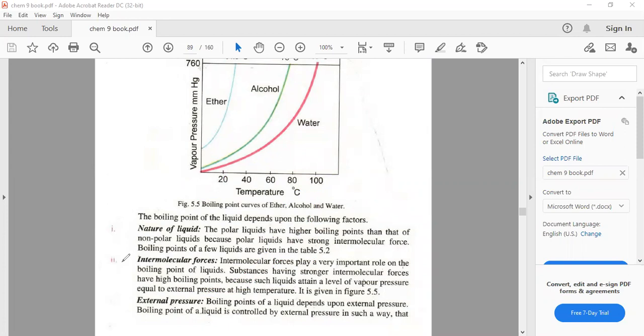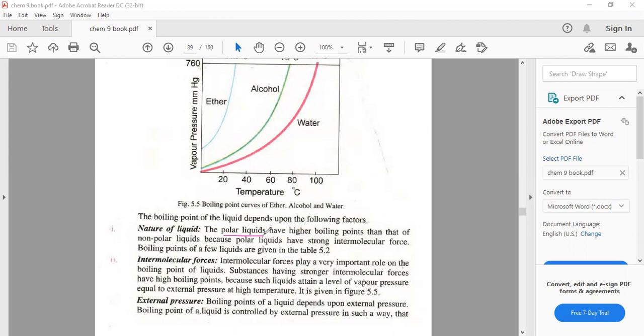In the same way, vapor pressure is affected by polar and non-polar nature. Polar liquids have a high boiling point because polar liquids vaporize only at high temperature, and the vapor pressure of these liquids becomes equal to atmospheric pressure at a high boiling point. Because of polarity, because of positive and negative poles, they have strong intermolecular forces.